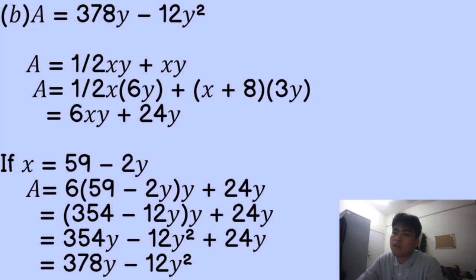After that we got the answer. The answer is the same as above, the area A equal to 378y minus 12y squared.